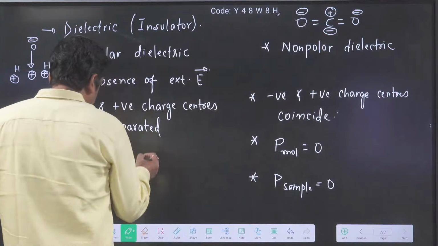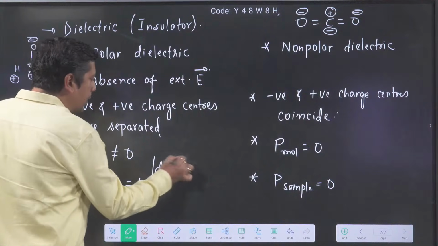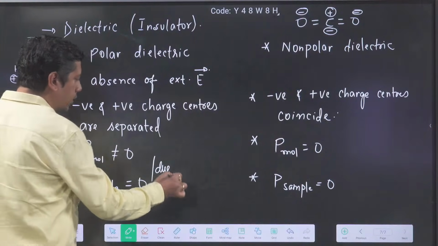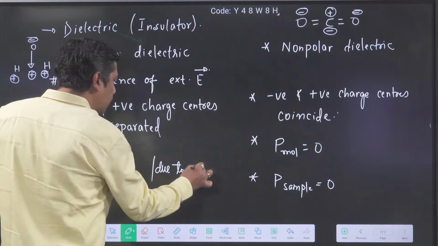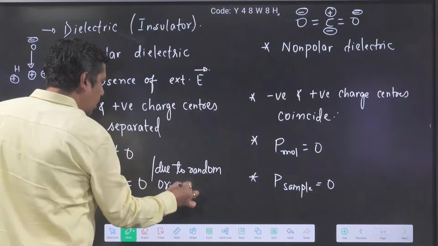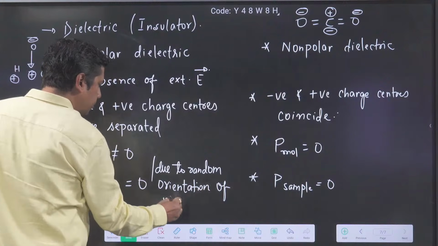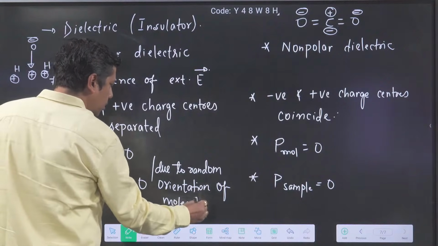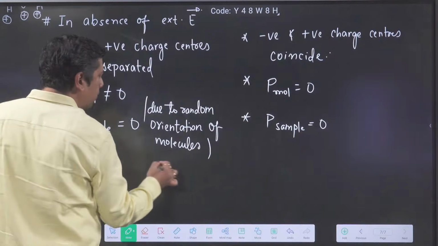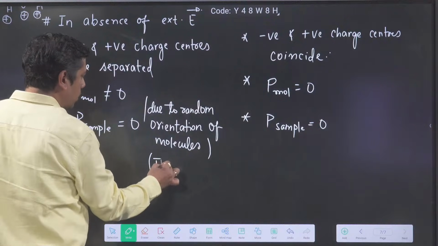Because dipole moment is a vector quantity. So it will be added according to vector addition, meaning direction is also considered. So due to random orientation of molecules. Why does it happen?